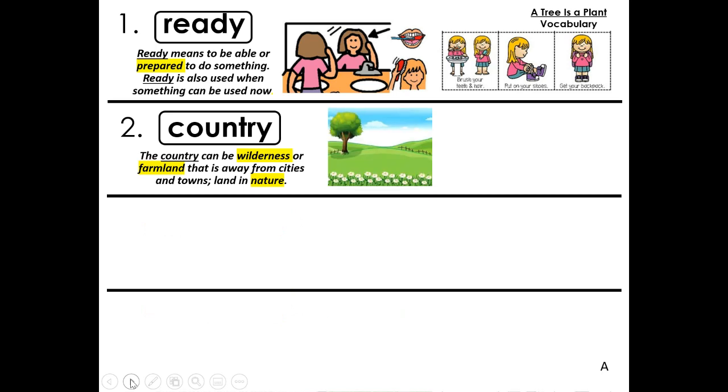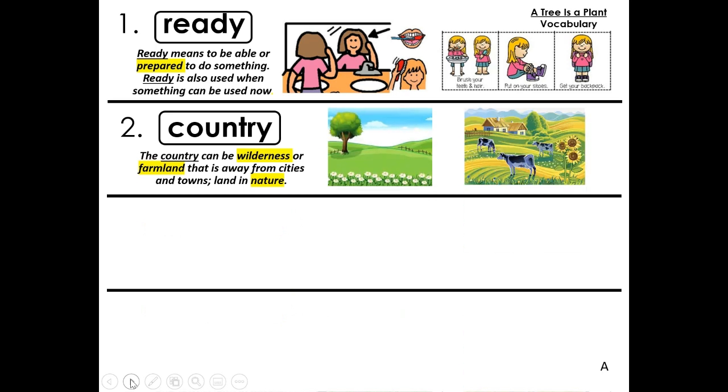The country can be wilderness or farmland that is away from cities and towns. Land in nature. And if you notice, I highlighted some synonyms. So, number one, a synonym for ready is prepared. Number two, a synonym for country could be wilderness, farmland, or nature.